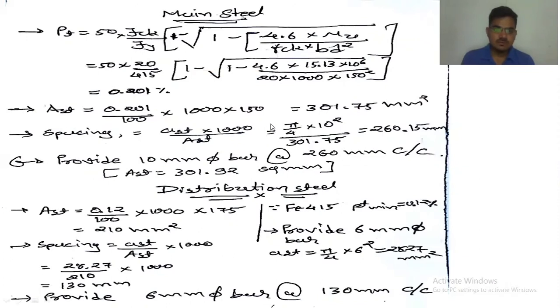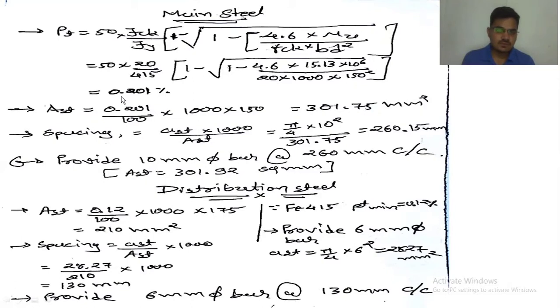Now provide main steel as well as distribution steel. Main steel: percentage of steel is calculated by this formula, 50 fck by fy into 1 minus under root 1 minus 4.6 Mu upon fck bd square. By putting all these values in this equation, 50 into 20 upon 415, 1 minus under root 1 minus 4.6, moment is 15.13 into 10 to the power 6 in Newton mm, fck is 20, B is 1 meter so 1000, and D is 150 square.